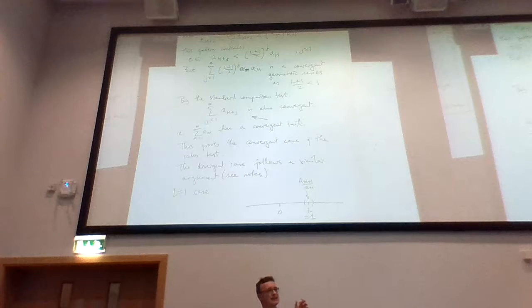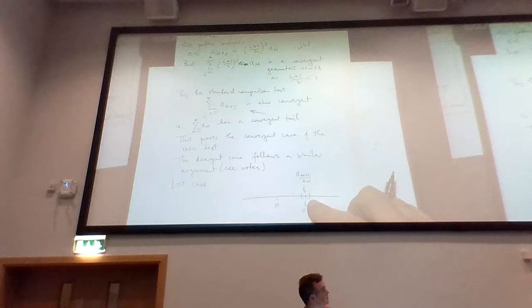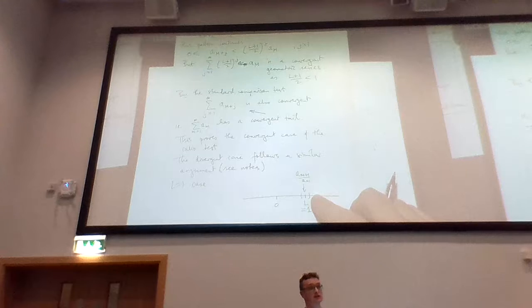So I can't say for definite whether they're less than a geometric series with L strictly less than 1, or greater than a geometric series with L strictly bigger than 1. All I can say is they're close to a geometric series with L equals 1, but that's the one right on the borderline between convergent and divergent behavior. Basically, I know my ratio is close to 1, but with just that information, I don't know to which side of 1 it is.